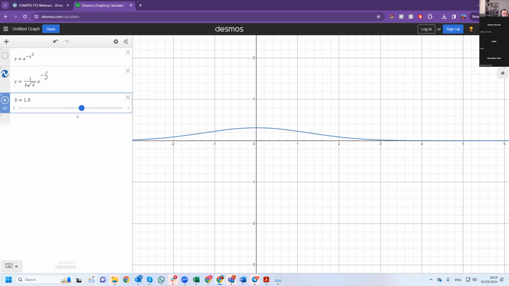And if you go the other way, it becomes taller, taller, and taller.